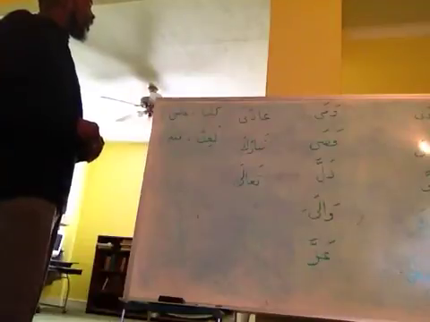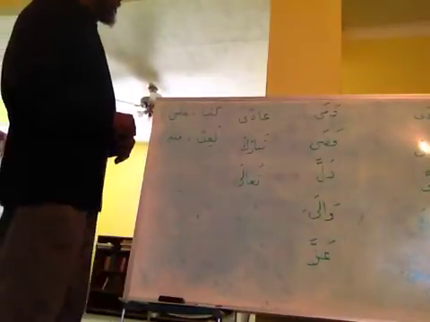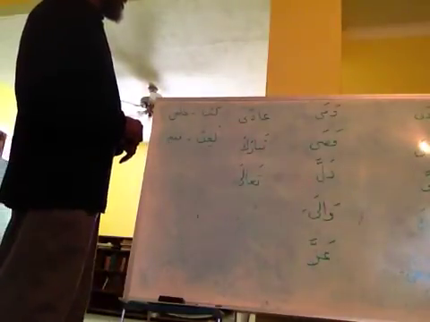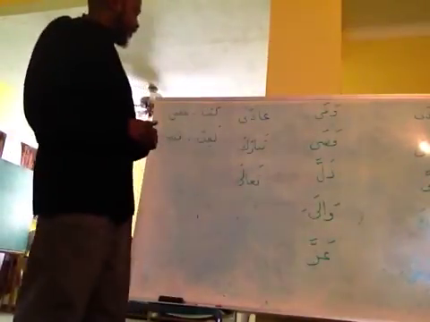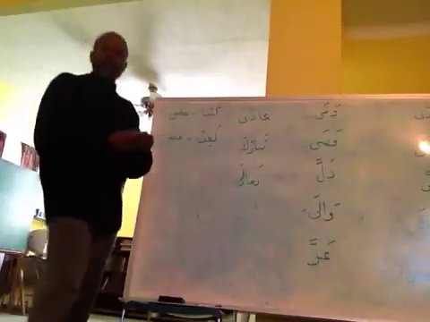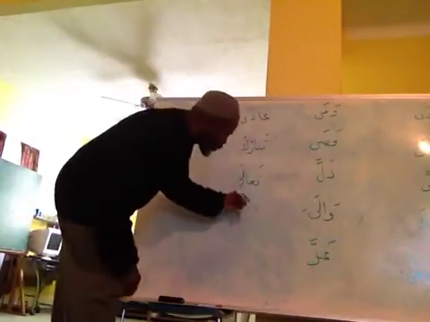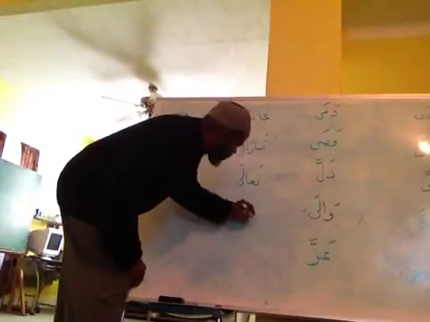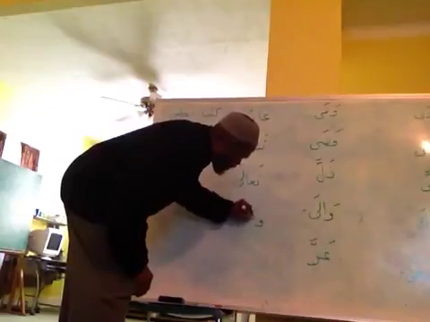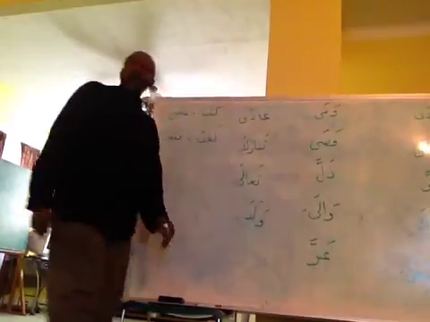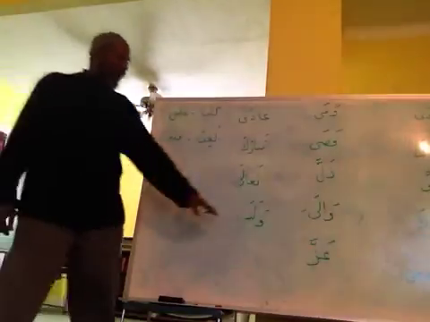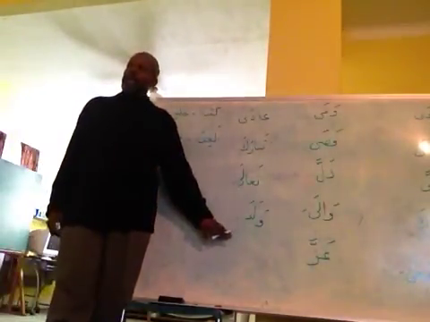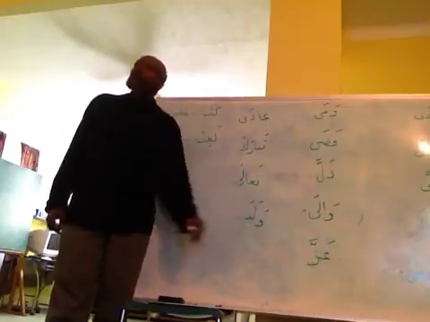Unlike, let's see, we don't have one up here. I'm just going to throw it up here. We may use it just for the purposes now. Walada, for example. Walada is weak where? At the beginning, because the waw is a weak letter.